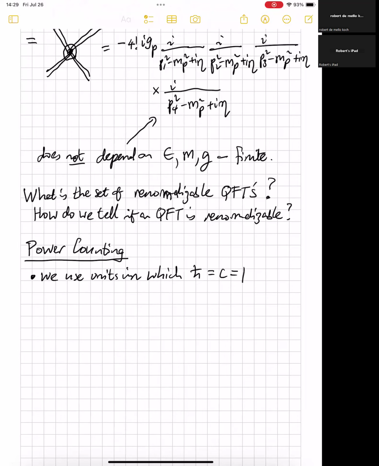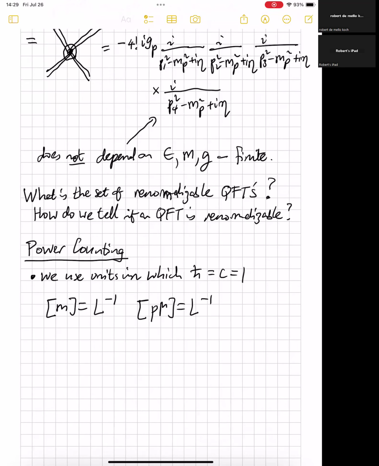And in these units, after we've set h bar is equal to c is equal to 1, we actually only need one dimensional parameter. Let's take that to be length. So in these units, a mass would be an inverse length. I think you're familiar with this from earlier in the course. A momentum would be an inverse length.